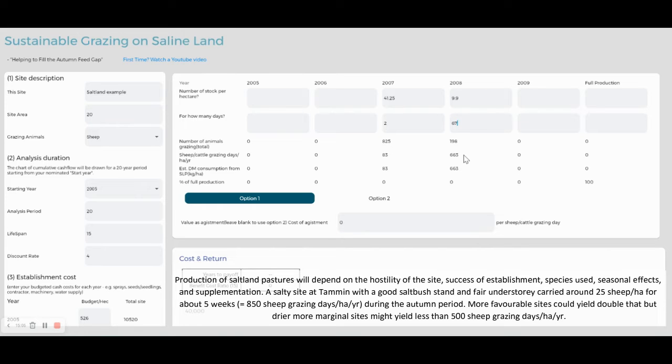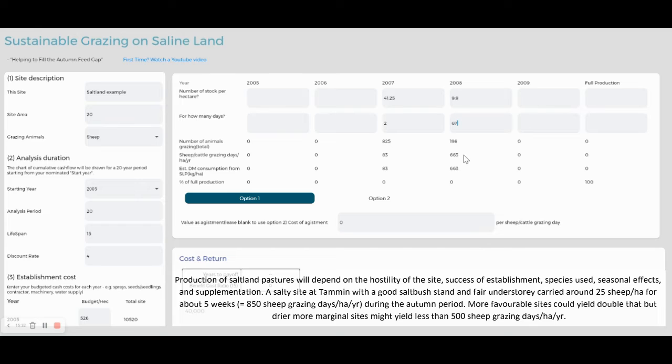And again, the SGSL project monitored amount of grazing on different saltland pastures in different parts of the state. So there's some rules of thumb about amount of grazing that you might expect if you don't have any experience yet, because this is your first saltland pasture.